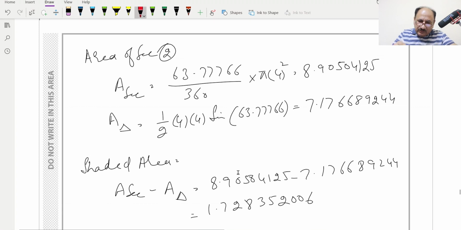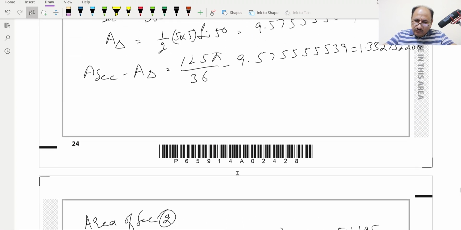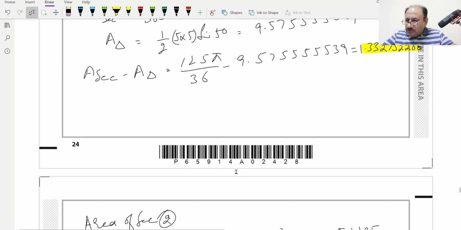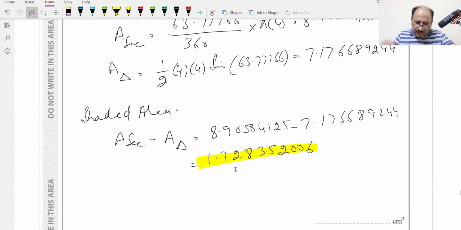Now these are the two areas which we have to add. One area is this one, and the second area which we found is over here, and these two areas we will add.